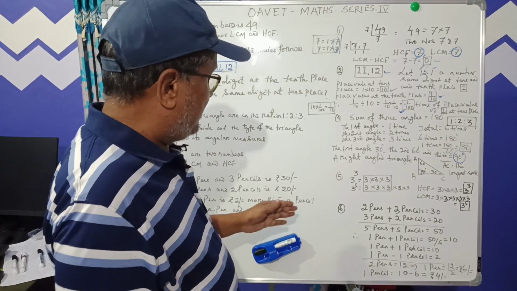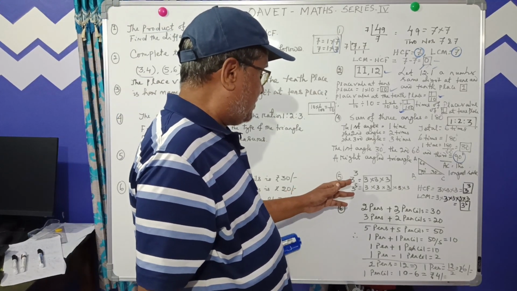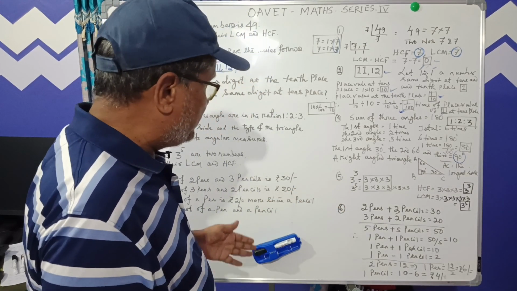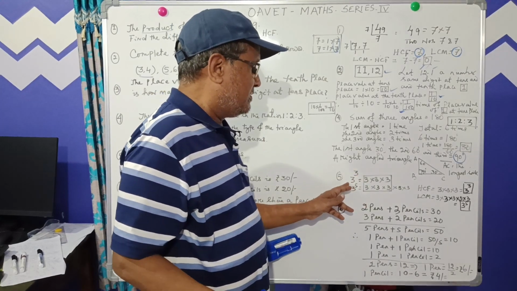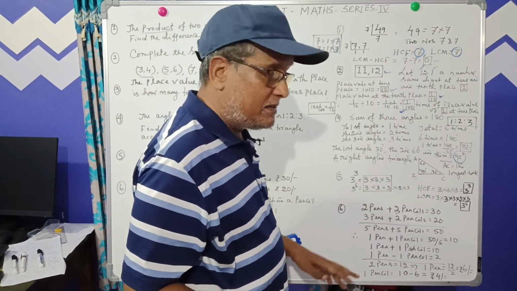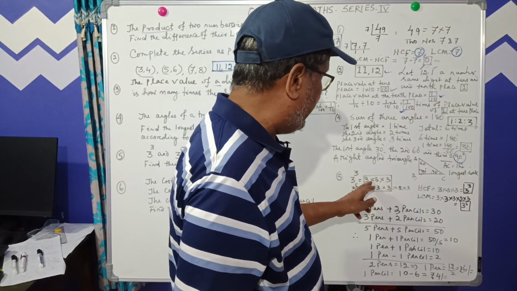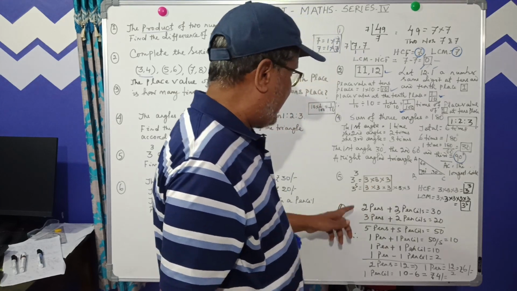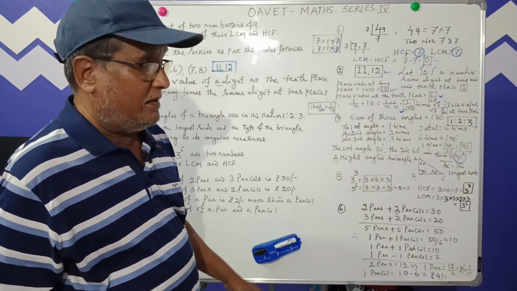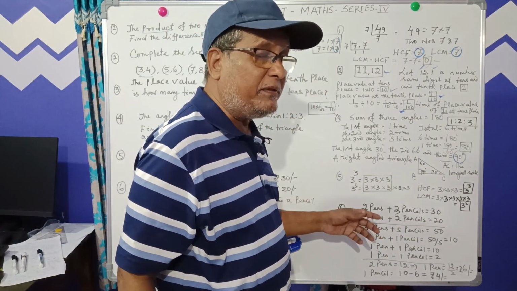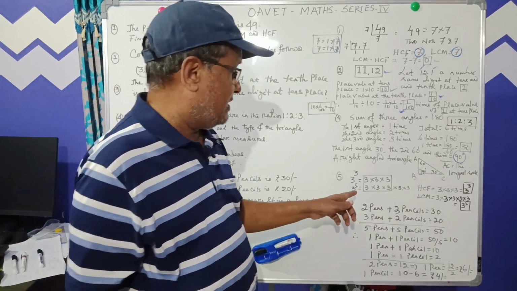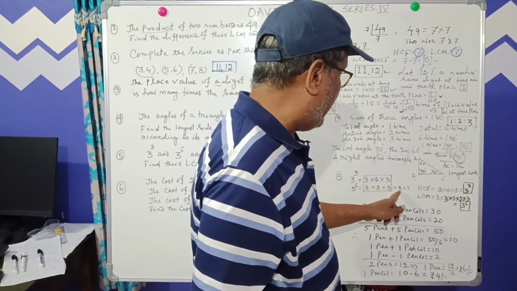Now you see, let us find out the factors. So 3 power 3 means 3 into 3 into 3, and 3 power 5 means 3 into 3 into 3 into 3 into 3.